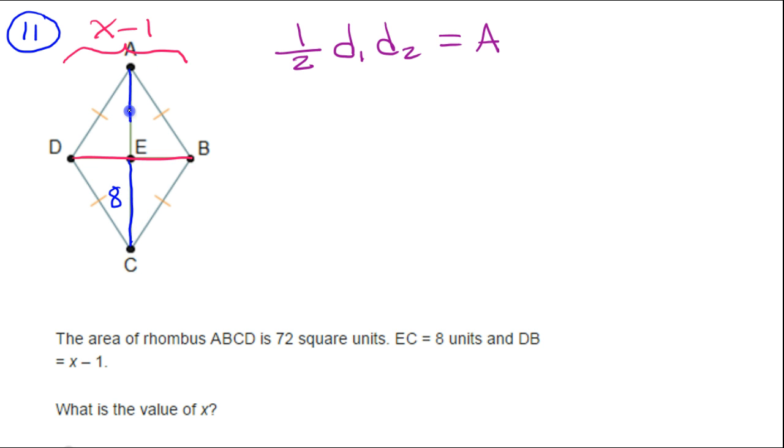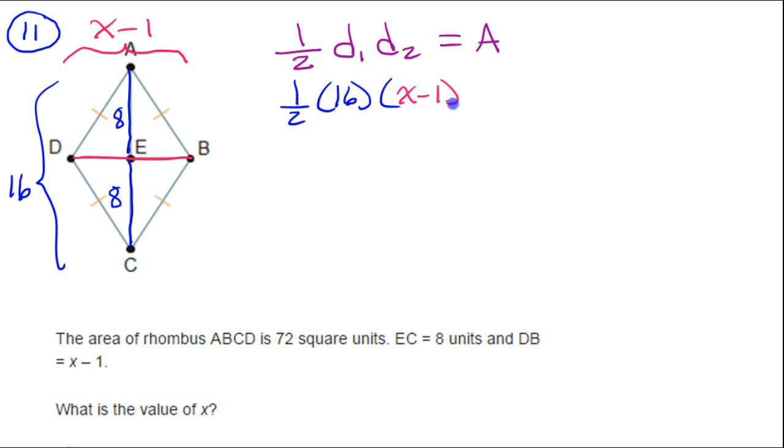So that means the other half is also 8, for a total of 16. So this becomes 1/2 times 16 times diagonal 2, shown here in pink, which is DB. We were told that that is x minus 1. So we have 1/2 diagonal 1 times diagonal 2. Oh, that's going to bug me.